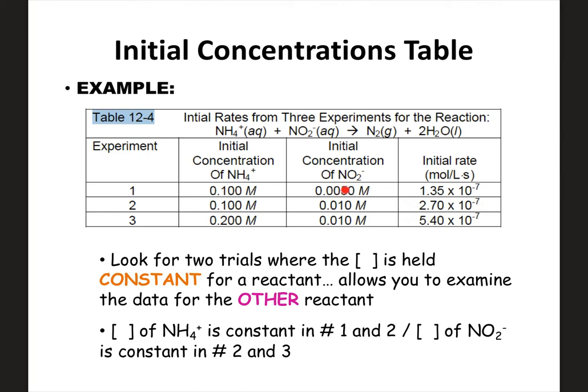That will allow me to look at the data for the NO2 minus and determine the order of the reactant for the NO2 minus. And if I look at experiments 2 and 3, the concentration of the NO2 minus is the same. So that will allow me to determine the order for the NH4 plus. You're always looking for where a particular reactant is constant across two experiments so that you can determine the order for the other.